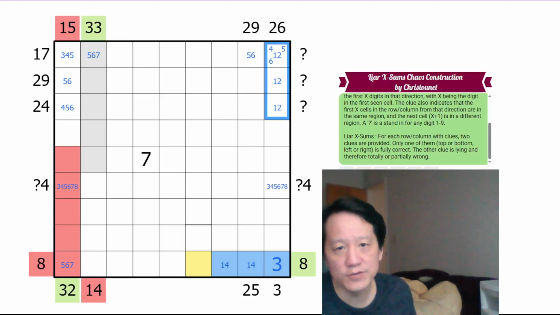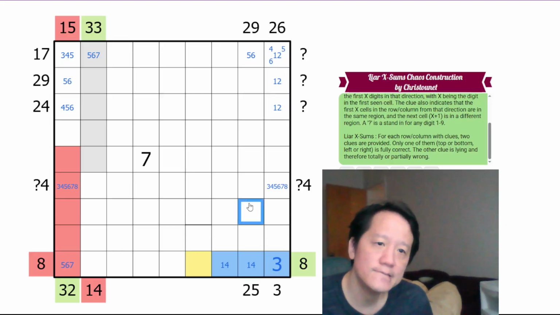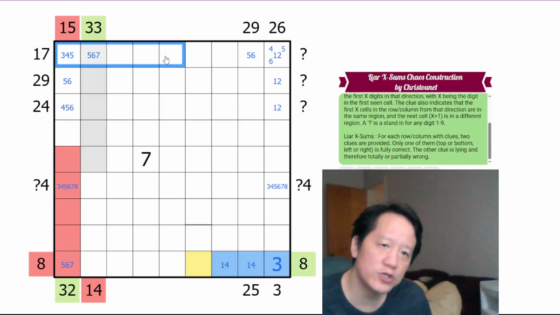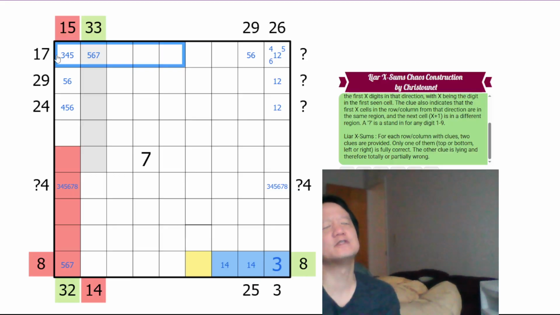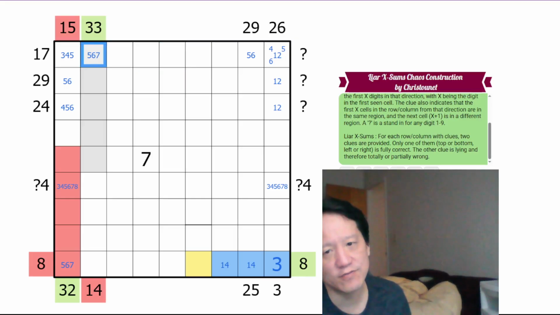Obviously, none of these can be 3. 33. Could potentially... No. Could it work? 33 plus 17 is 50. If you subtract a 5, that could potentially work.